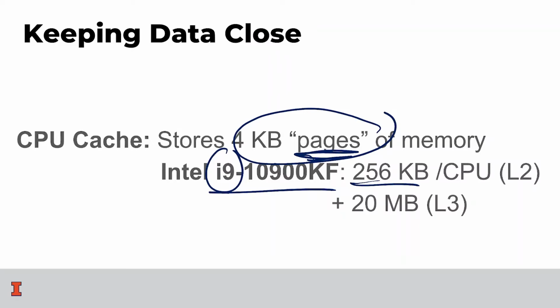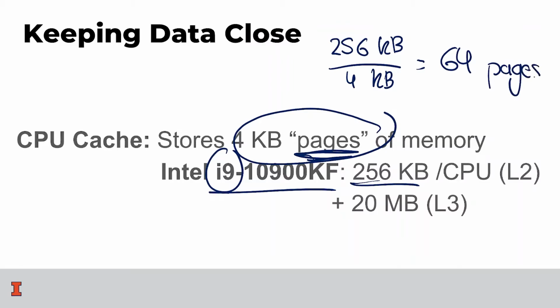So if we look at this, we have an Intel i9 processor. It's got 256 kilobytes per CPU, so 256 kilobytes divided by 4 kilobyte pages. So we have, what, 64 pages? So in our actual CPU, we have 64 pages per CPU.